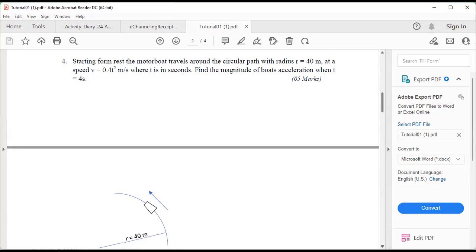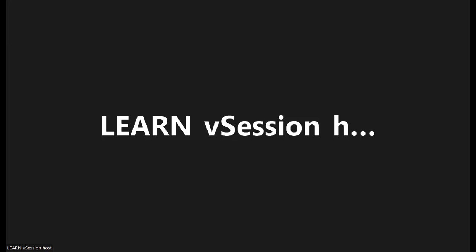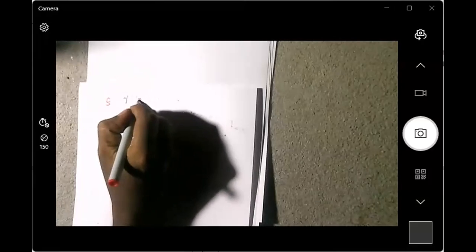So the first one is position, r, how we define that? r into er hat, remember?